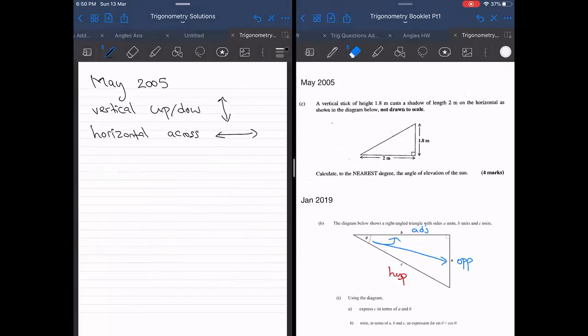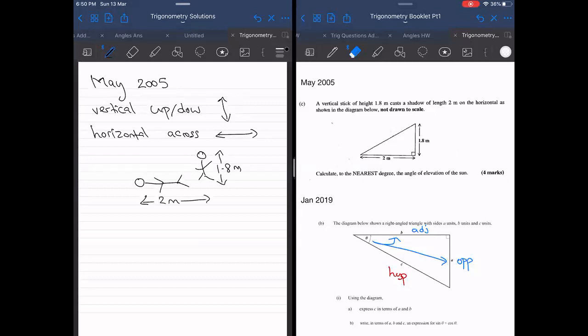All right, so they say the vertical stick of height 1.8. Instead of saying stick, I'm going to say person, just so that you guys can envision it a little better. So let's say 1.8 meters, and it casts a shadow of length 2 meters. Imagine you look on the floor and you see your shadow.